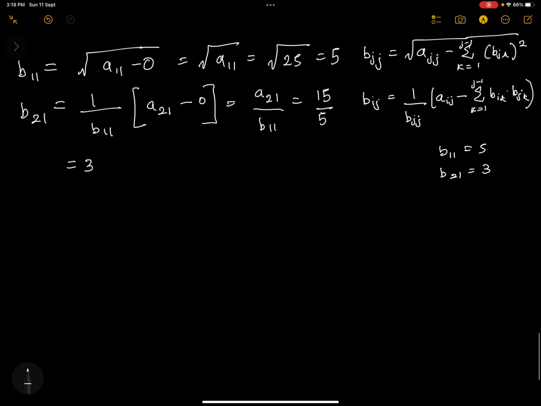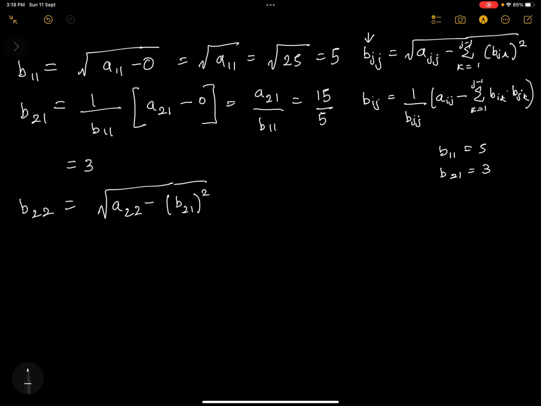Now let's solve for b22. So that means we would have to make use of this formula. So this will be basically the square root of a22 minus, since j minus 1 exists, j minus 1 would be 2 minus 1, which is 1, so we will have to take the square of b21.